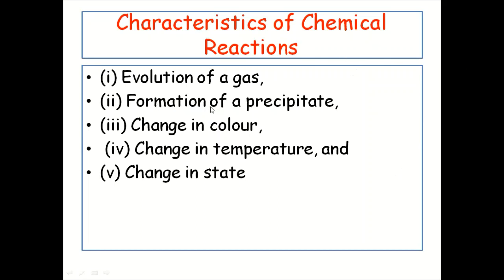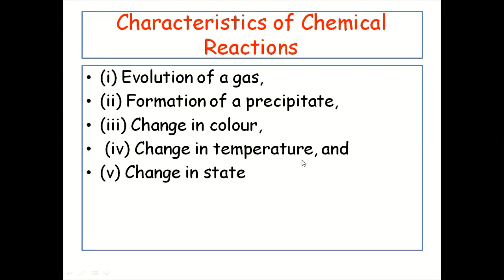Okay. Formation of a precipitate can occur. There are so many precipitates as well, so during the examples we'll get to know one by one. There might be a change of color, and there might not be a change in color. There might be a change in temperature also, but similarly, change in temperature can happen or it might not happen.